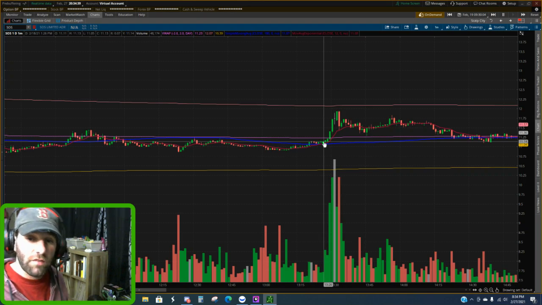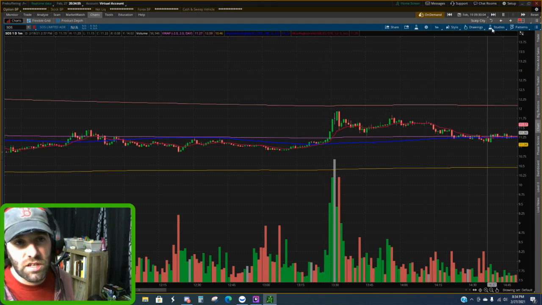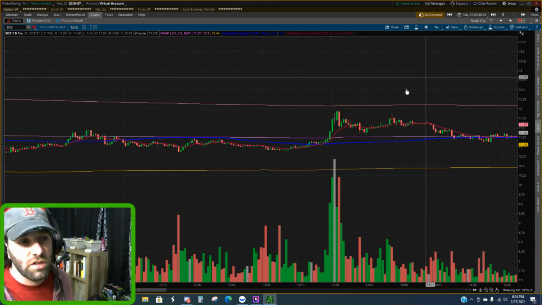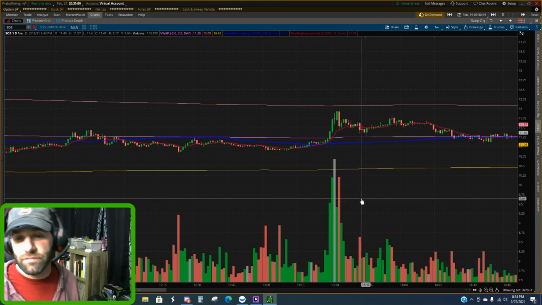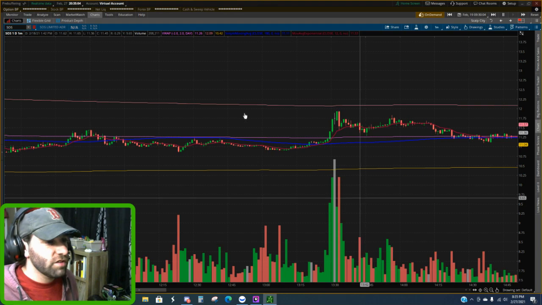Sometimes I run the 5 and the 12 together instead of the 12 and the 180, but my entries are a little later with this, but I'm more consistent with this setup. I'd rather do this nice and slow with the 12 and the 180. There's a lot of movement in a 5 and a 12. So I like this. Look how smooth this is.